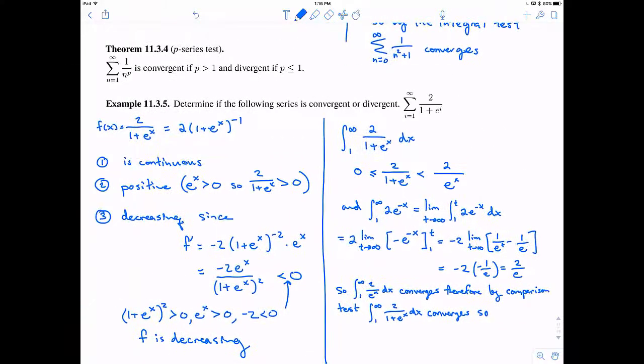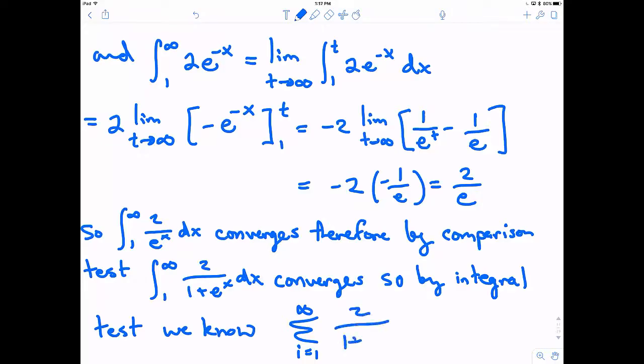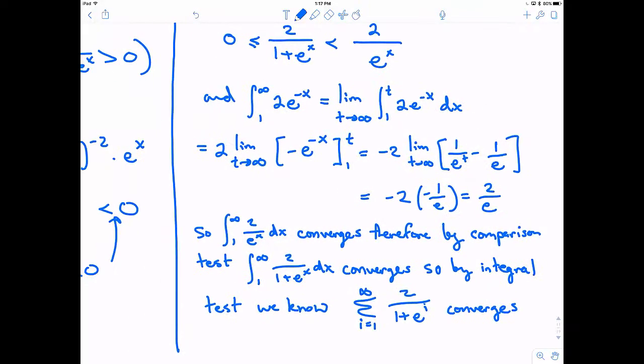We've set this up so that the integral test is tied, right? These fates are tied. So we know that the series actually converges as well. So now we're comboing a few things here. Okay, and that is all there is to it.